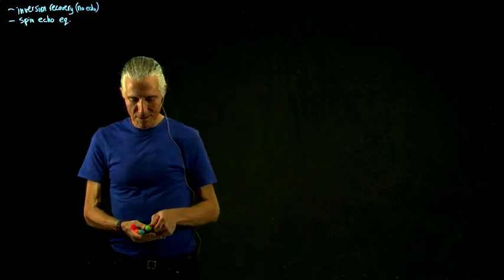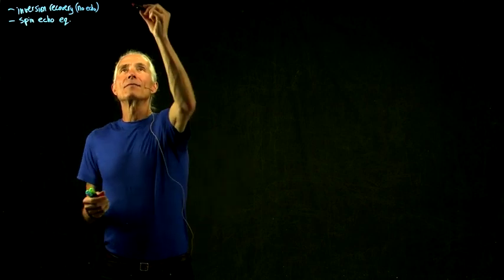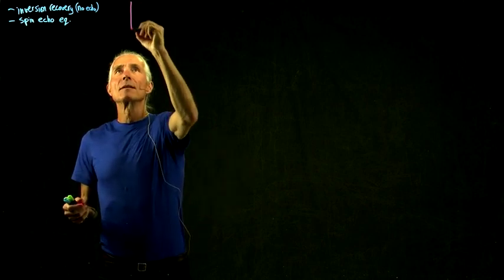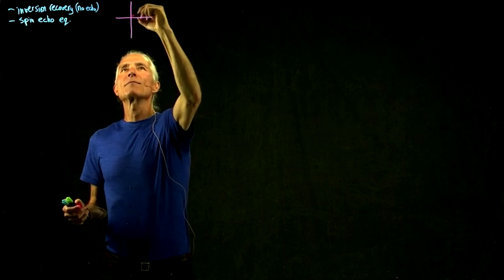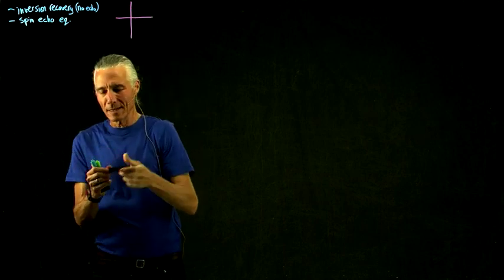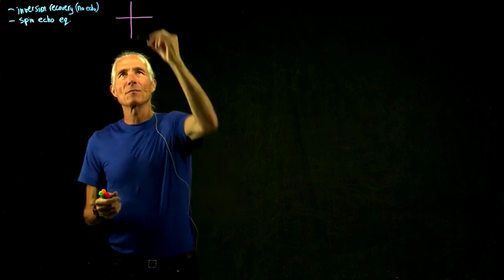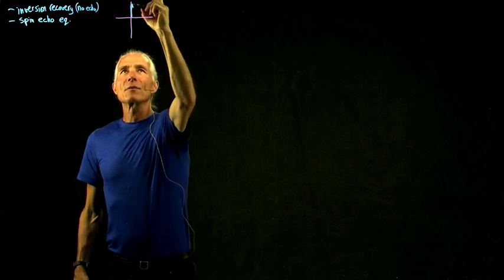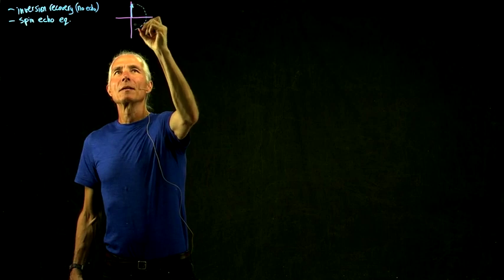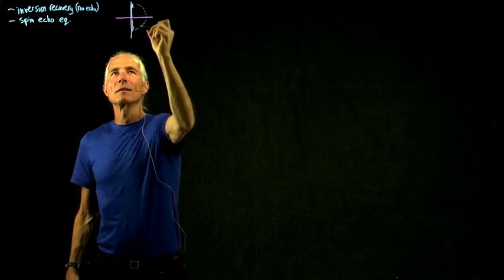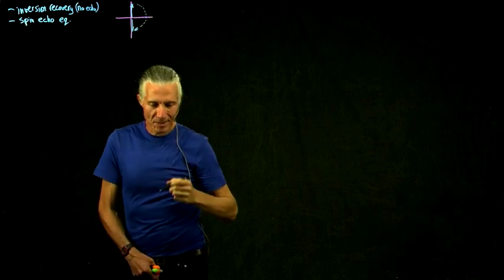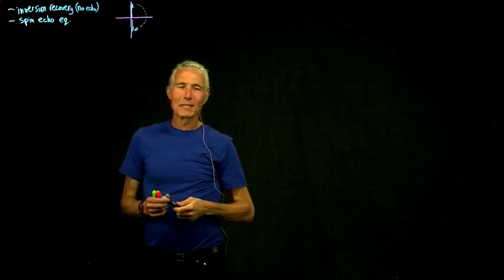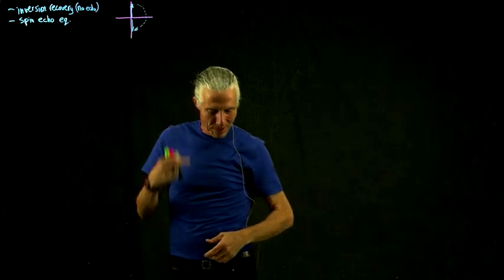If we start off with our magnetization in the z direction, at equilibrium like this, and then we do a 180 degree flip down to here, that's the definition of an inversion recovery.